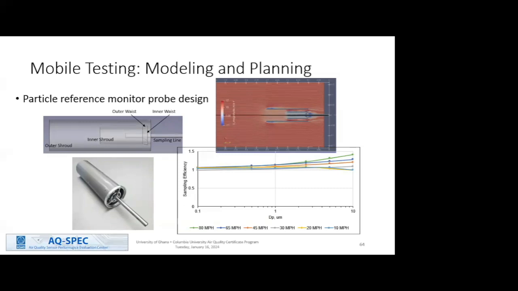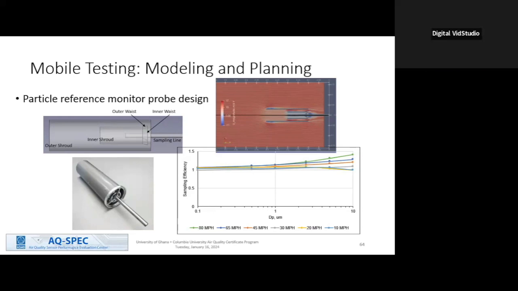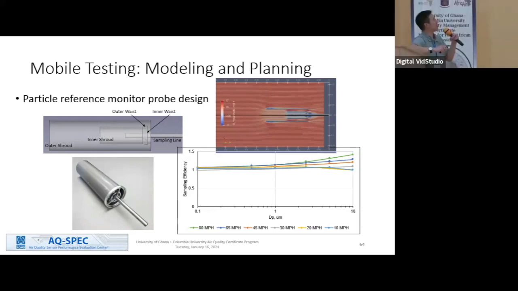So we can see that if we drive at pretty high speeds on the highways, for 10 micron particles, we're getting about a 30% oversampling with this double shrouded solution. For this broad range of driving speeds, to have this kind of variability and bias for PM10, that's quite good and quite tight. If you were to try to do this with the isokinetic probe or just a regular tube, you would probably see oversampling efficiencies of hundreds of percent by the time you get to 10 micron particles.